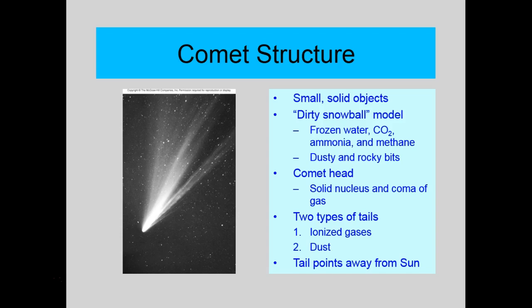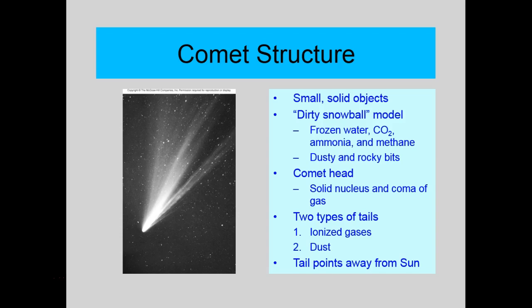Which way is this comet moving? Impossible to tell. You might think it's going toward the sun. Not necessarily. It could be going away from the sun, or it could be going in this direction, but the head is always toward the sun. So wherever it's moving, this is how it looks.